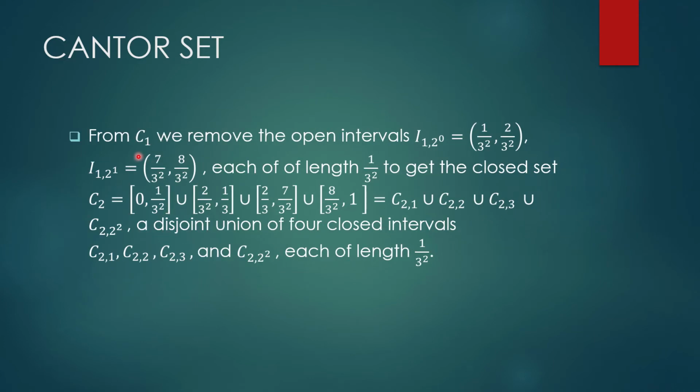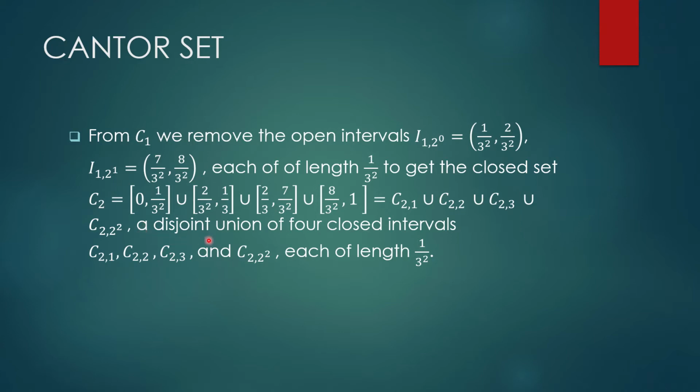From C1 again, we have already shown that C1 has two components, C11 on the left and C12 on the right. From C1 we remove the open intervals I11, that is (1/3², 2/3²), and I12, that is (7/3², 8/3²), each of length 1/3², to get the closed set C2.